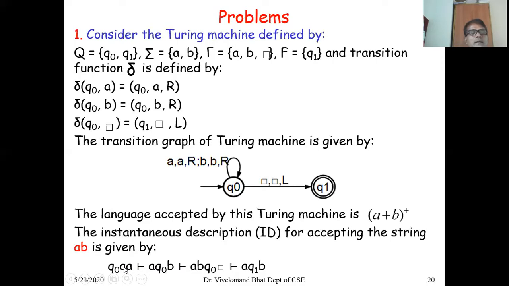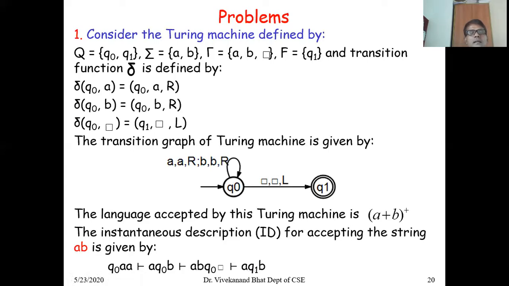Typing mistake, this is AB. Similarly, the Turing machine will read B and replace B by B, and move right. Once it encounters the blank symbol, that indicates the end of the string. So it will replace this blank by blank, move left, and enter the final state Q1.